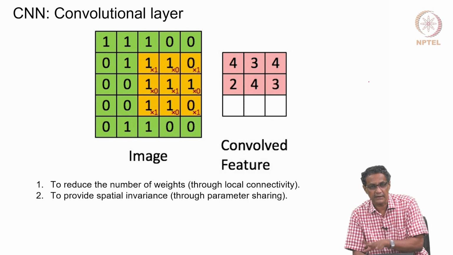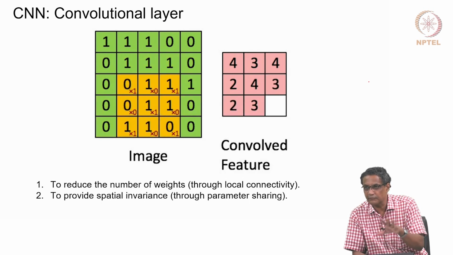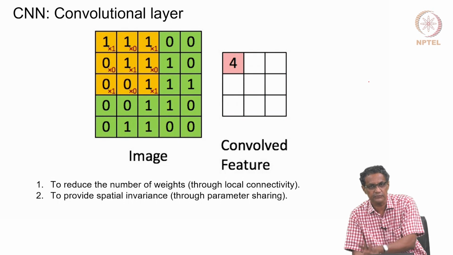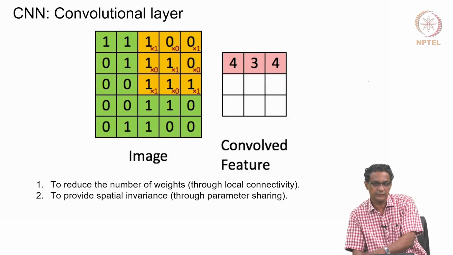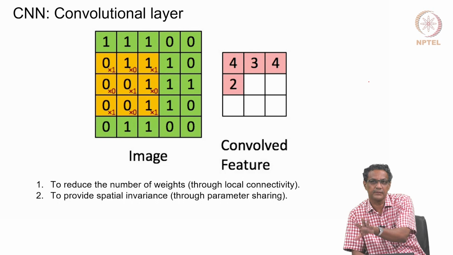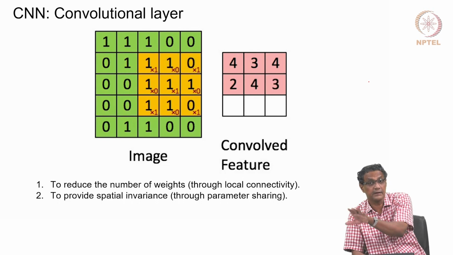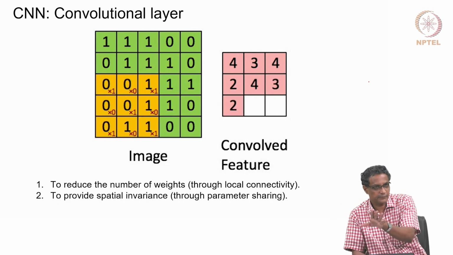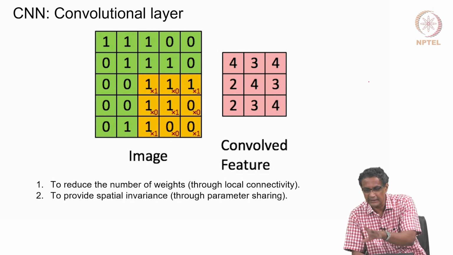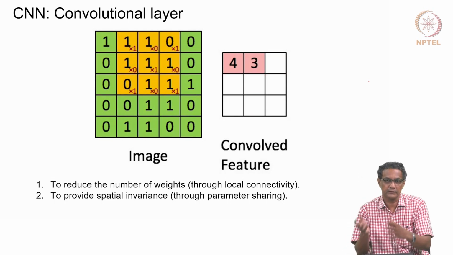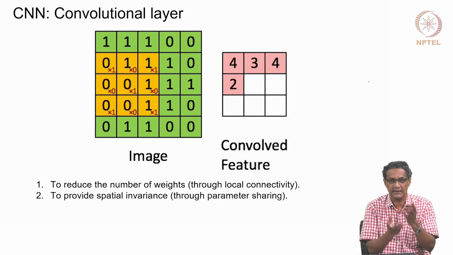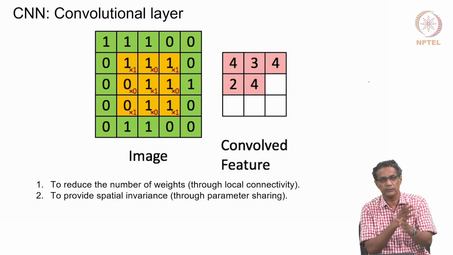And one more thing, by the way, don't get worried if you don't see a correlation versus convolution sort of distinction. For example, a correlation is like y[n] equals summation of x[n] h[n plus m]. That's what we do in 1D, but here people don't bother so much about flipping. Like I said yesterday, ideally in convolution you should flip about both the x and y axis.